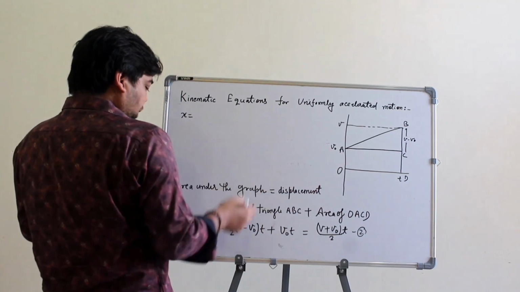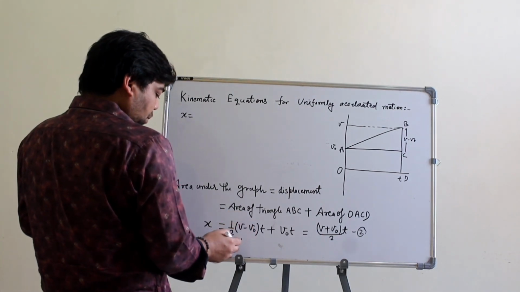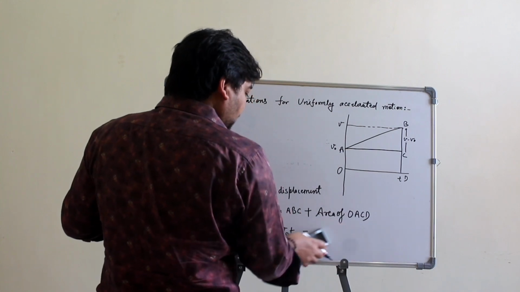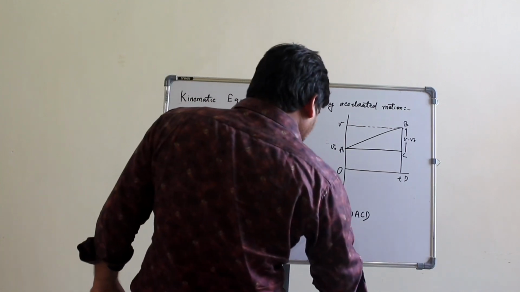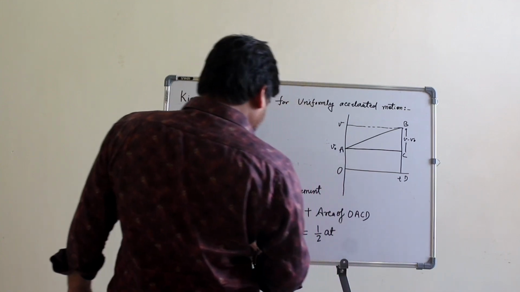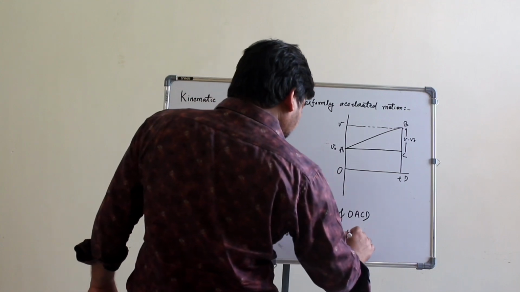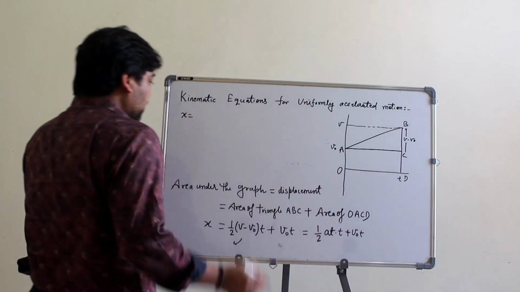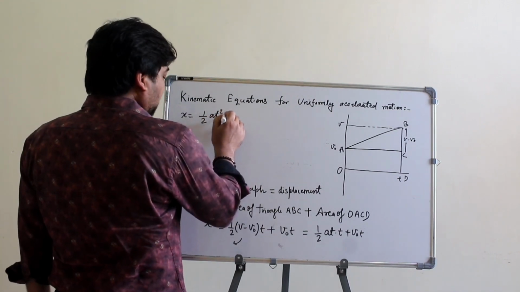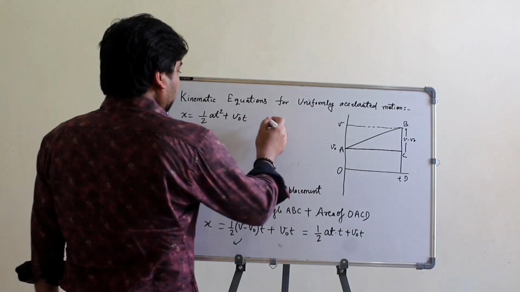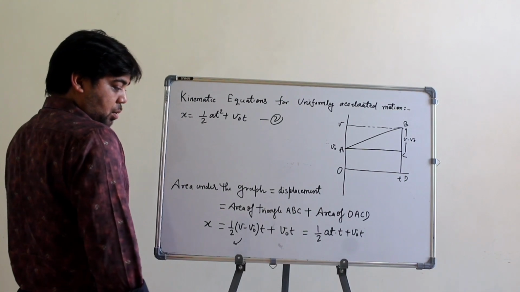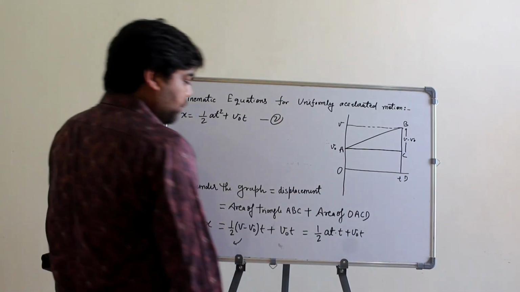So you can write half, V minus V naught is nothing but AT, then multiplied by T plus V naught T. So it gives you x equals half AT square plus V naught T. That is equation number 2.